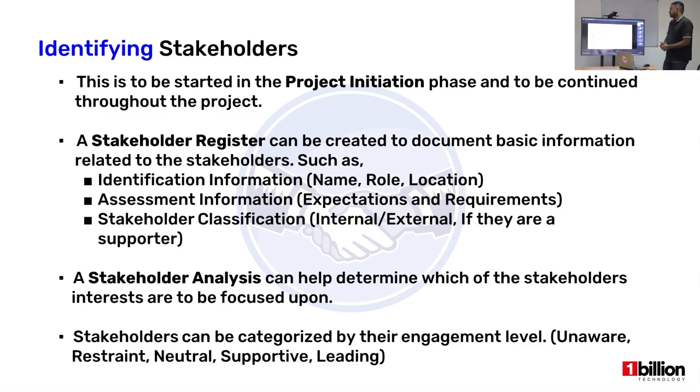And then of course, as I mentioned just earlier, stakeholders can be categorized by their engagement levels as well. So here I've mentioned 5 categories depending on the engagement level. It could go from unaware, resistant, and neutral, and then of course the positive side, supportive and leading.